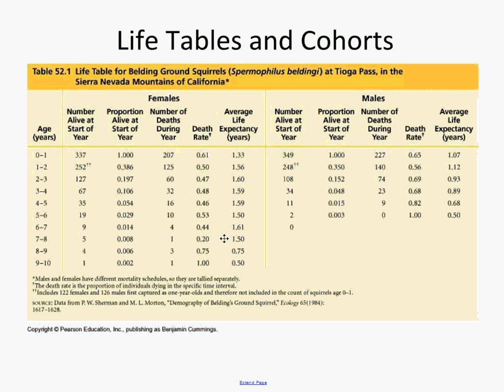These types of tables are usually divided into groups called cohorts, and cohorts are just based on age, and they can be whatever depending on the type of information that's being presented here. As you can see here, these are the years, and there's all sorts of different stats you can get with a table like this.